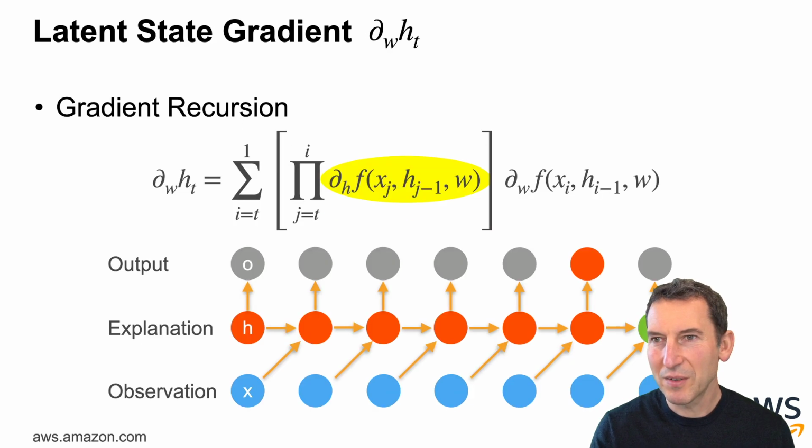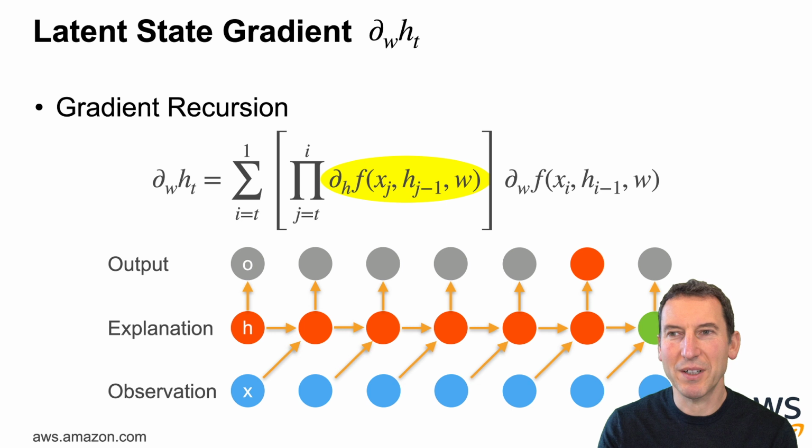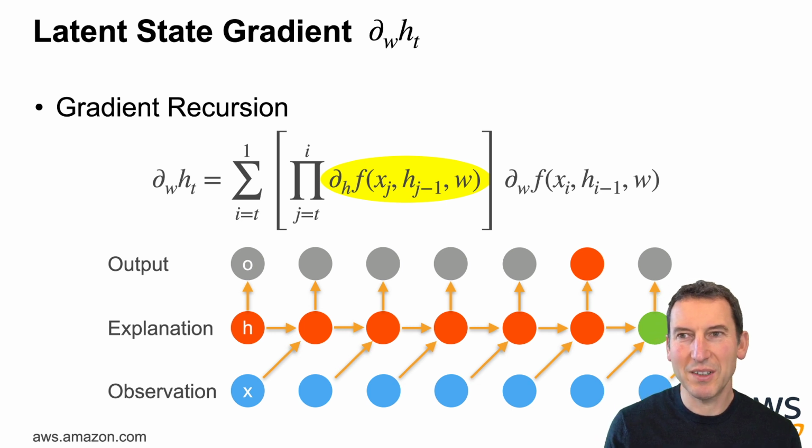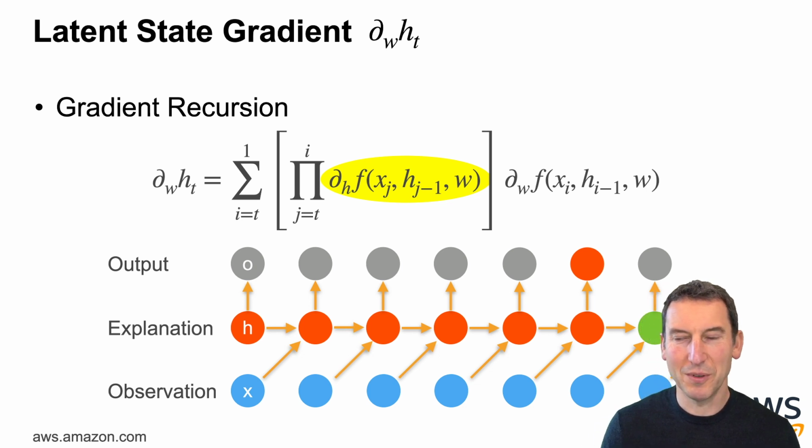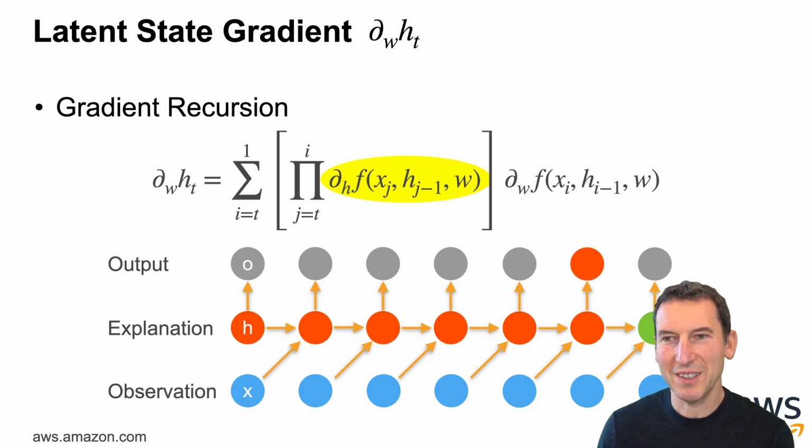So here's, for instance, what happens if I were to compute the gradient of the hidden state at time t with regard to w: you get this very long sum of a very large number of products of gradients just due to the chain rule. So if I want to get the gradient of the green circle relative to all the parameters, I need to walk through the entire chain as it goes from start to finish.